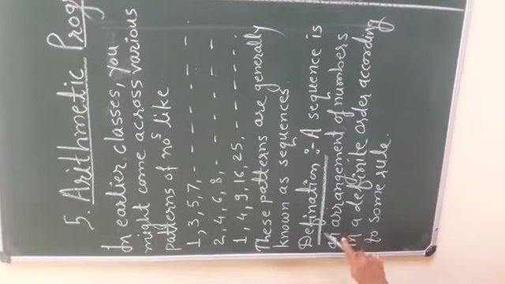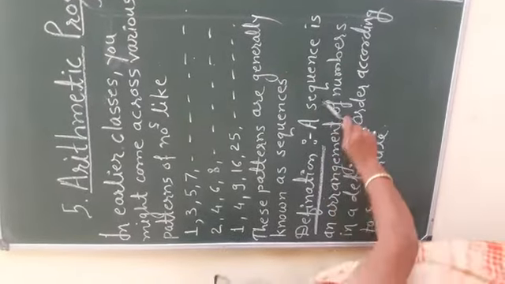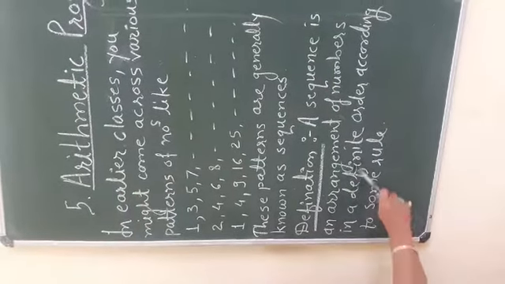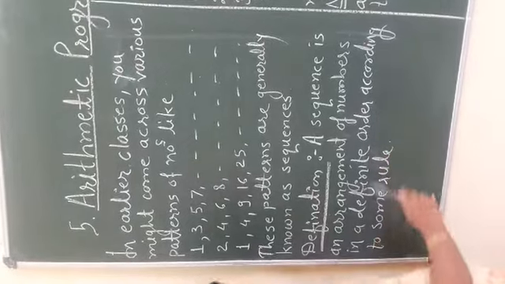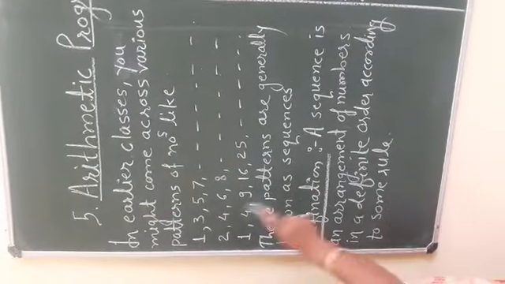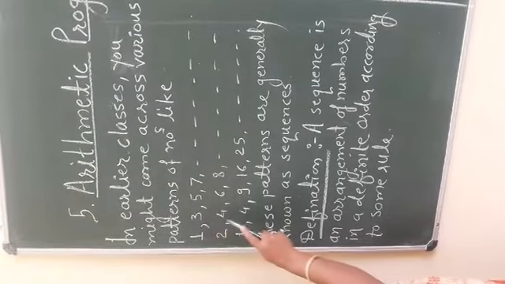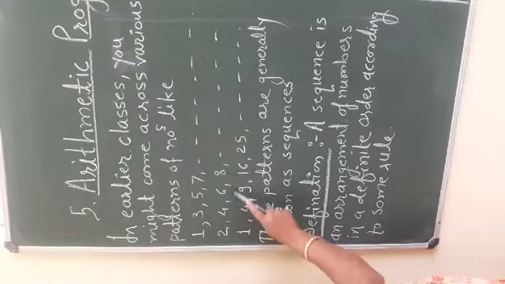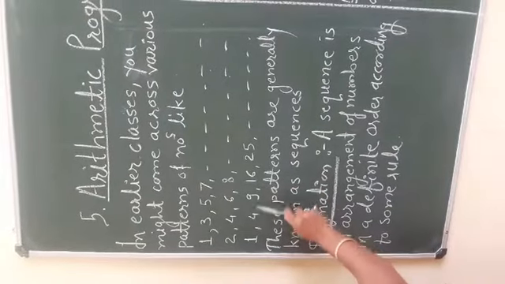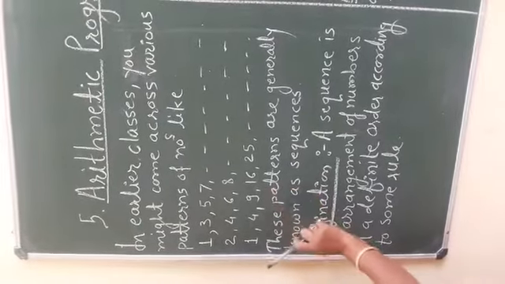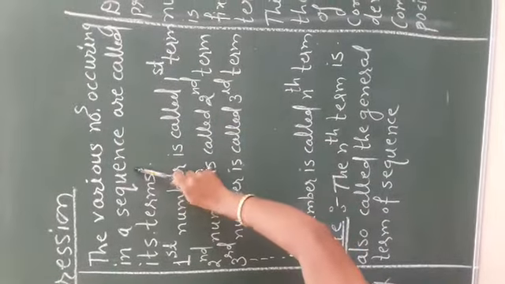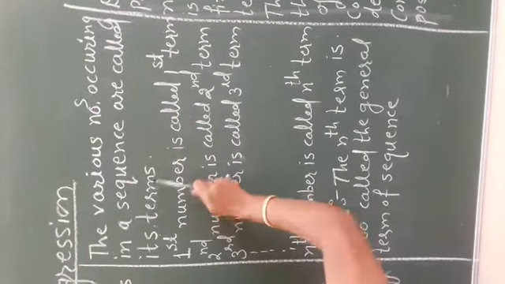Then what is the definition of a sequence? A sequence is an arrangement of numbers in a definite order according to some rule. Why did they say some rule? Because here is an odd number pattern, here is an even number pattern, and this is the pattern of perfect square numbers. The various numbers occurring in a sequence are called its terms.